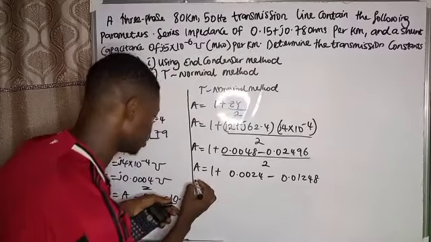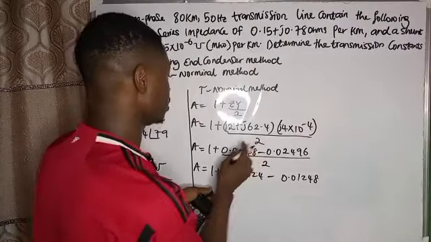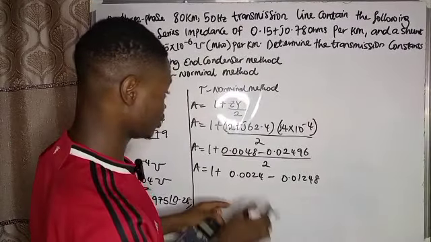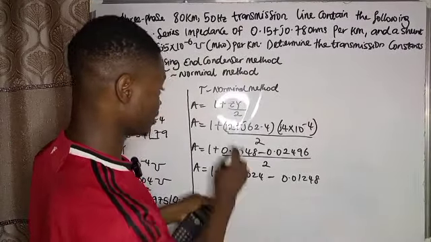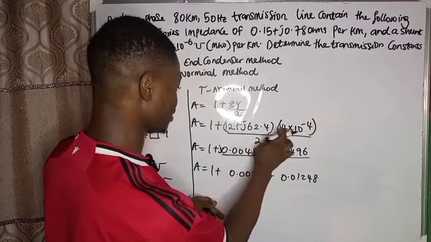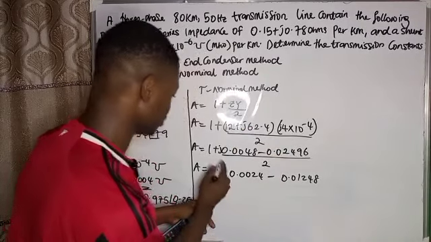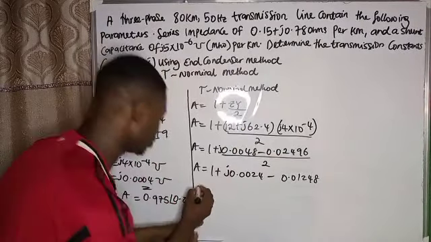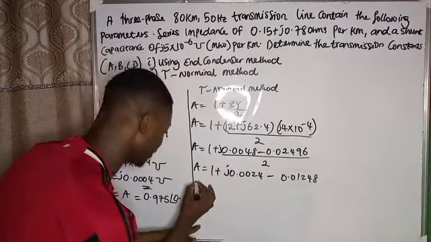Remember, it's minus. So I'm having, wait, I'm forgetting something. This one times this one will give me this. Remember, J. This one times this one, no J. So this one will have J. So I'm going to have A is equals to 1 minus 0.01248.